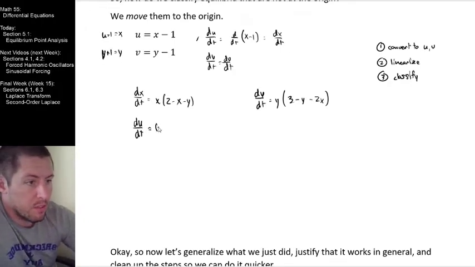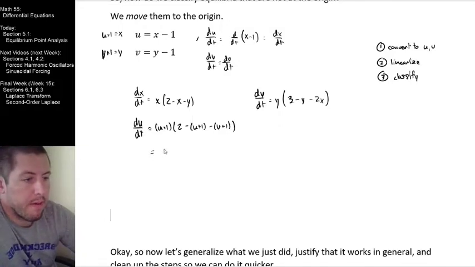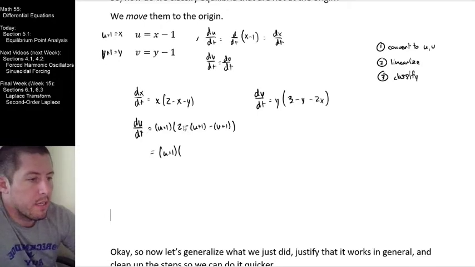So x is u plus 1 times 2 minus u plus 1 minus v plus 1. If I expand this a little bit, I'm going to get u plus 1 times 2 minus 1 minus 1, so all the constant stuff is gone.